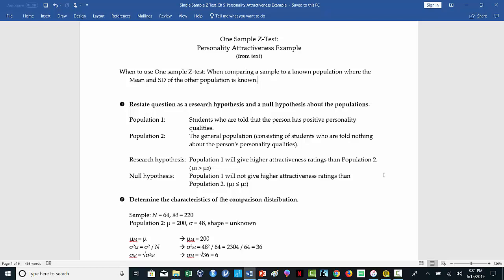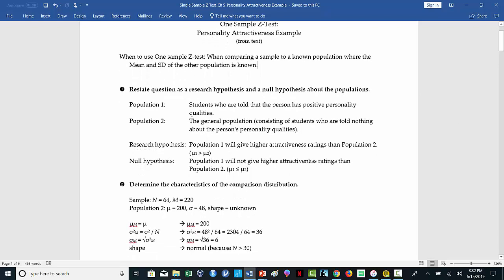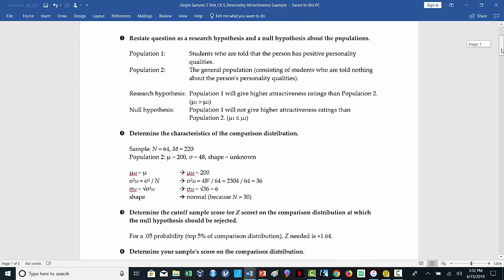It could mean that for some weird reason, when people are told positive personality qualities, they gave lower attractiveness ratings. It's unlikely, but it seems like a logical possibility, I guess. So the null hypothesis is either there's no difference, meaning that the two means are equal, or that population two might actually rate the personalities higher.